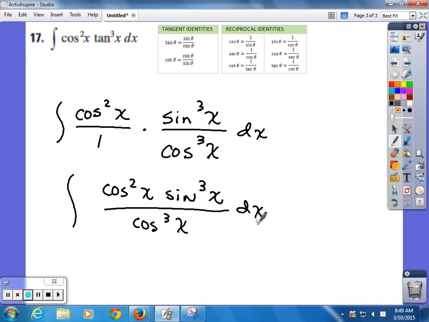And what happens to the cosines? Cancel, and you get the antiderivative of sine cubed of x over the cosine of x dx. What is that?